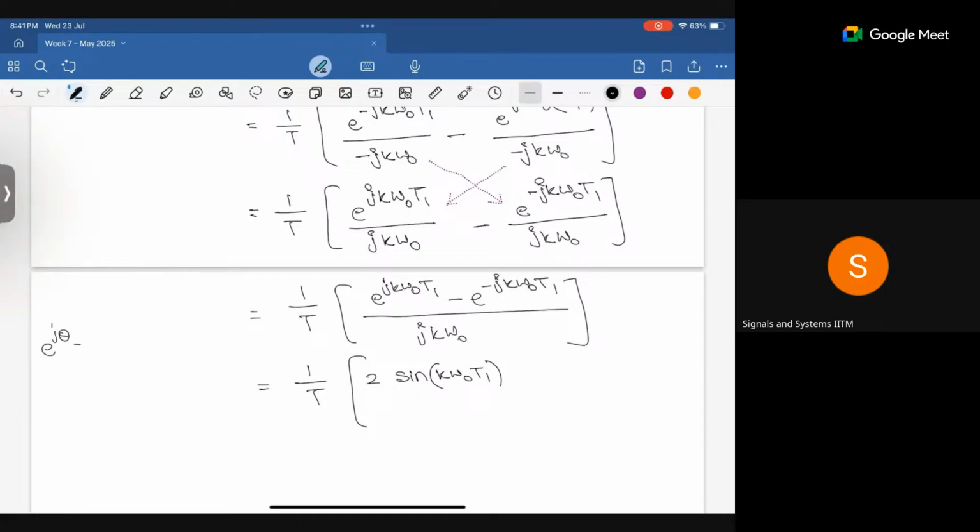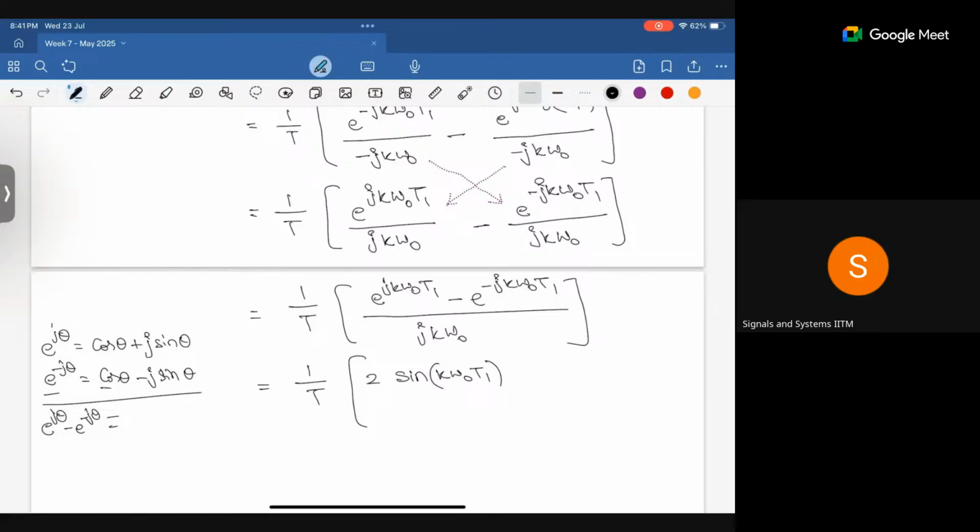What is e power j theta? Cos theta plus j sine theta, right? What is e power minus j theta? Cos theta minus j sine theta, right? So if I do the subtraction on both sides, the left hand side will be e power j theta minus e power minus j theta.